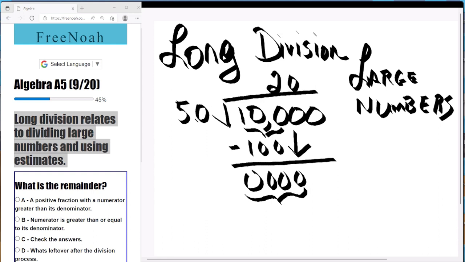There we go, another 0. The next step here is to evaluate that 0 with 50. And we're gonna use multiplication, right? So 50 times that 0 we just placed next to the 2 on top. Well, it's going to equal 0, right?